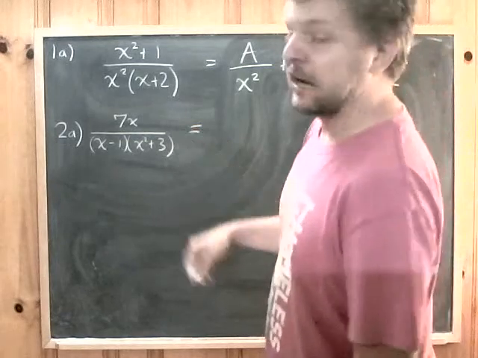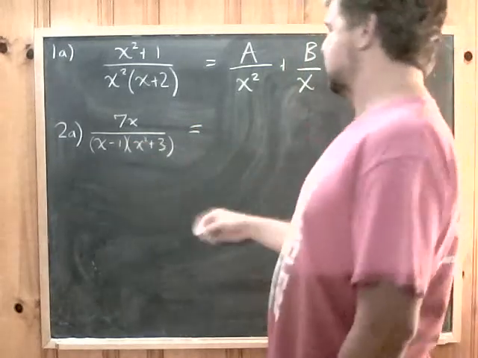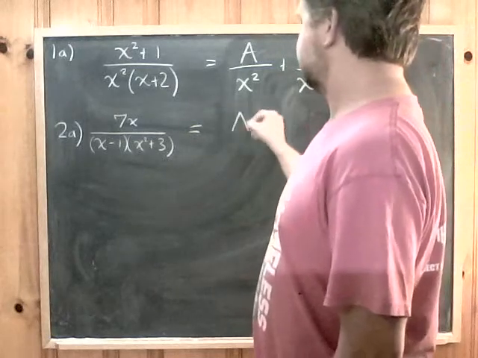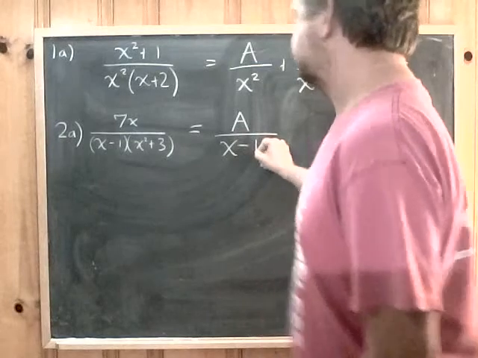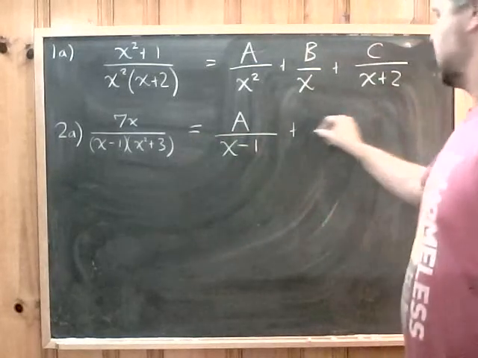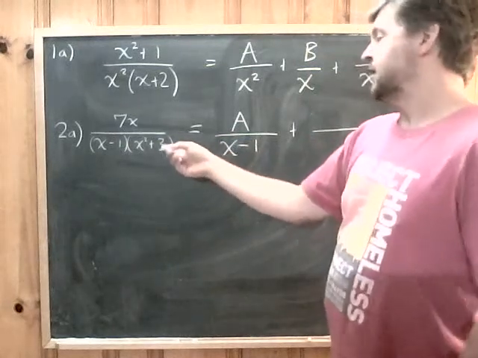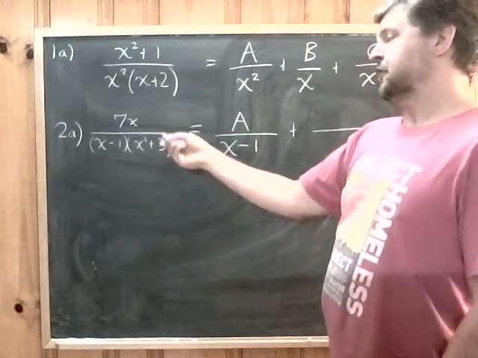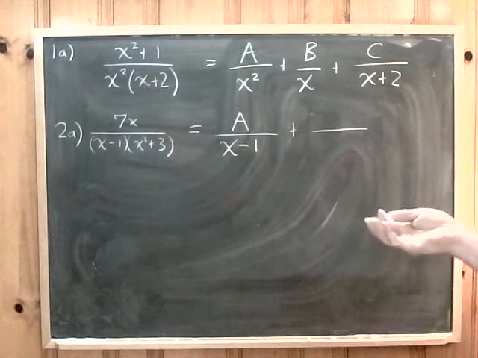This one says to actually find the constants as well. Again, it's all factored for me. So the format is going to be A over x minus 1. And now this factor, I should look to see if I can factor it any more, but I can't over the real numbers. X squared plus 3 doesn't factor unless you use imaginaries.